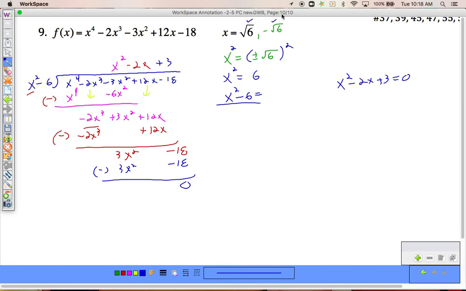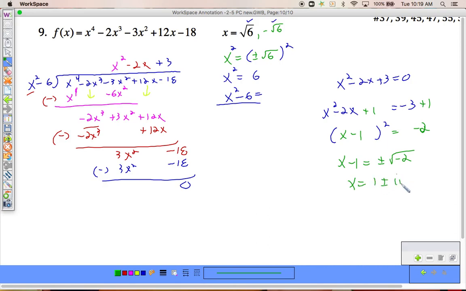I was given this one. Most of the time that one's going to work also. So now I'm going to finish this by completing the square to find my other two. And here are my other two solutions.